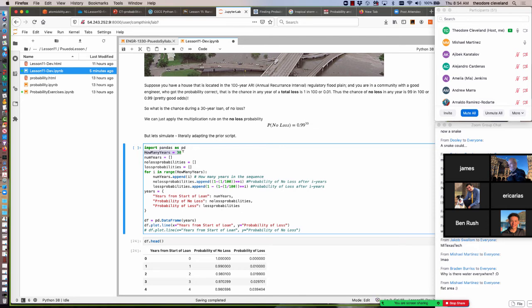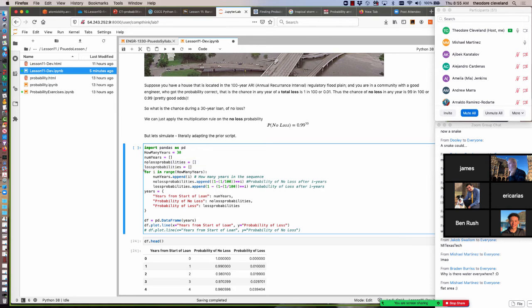So we have an entry, how many years, so that's how many years in a row from the start of the loan that we want to evaluate probability of loss. We'll have a list called the number of years, another list called the no loss probabilities, another list called the loss probabilities, and these two were selected. This is mostly laziness on my part because you wouldn't need both. You would simply need a way to do the 1 minus to recover the other, because these are supposed to be one's complements of each other.